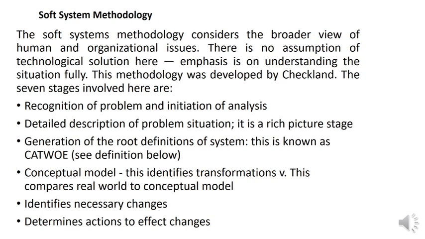This is known as the CATWOE definition. Then the conceptual model, which identifies transformation. Then compare the real world to the conceptual model, then identify necessary change, and the sixth is determine action to affect changes.